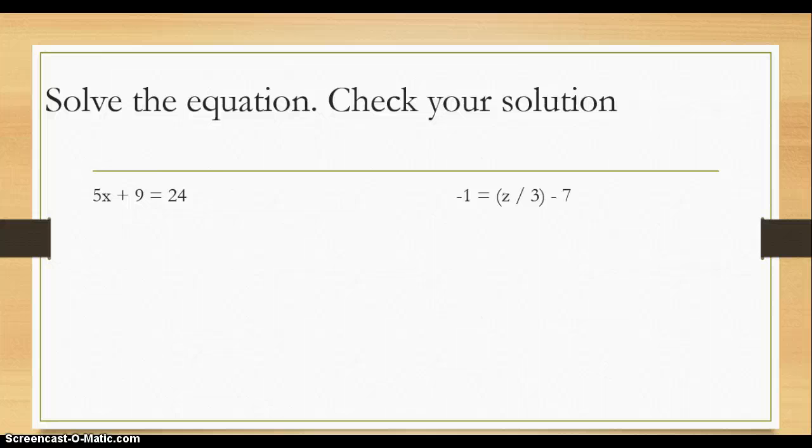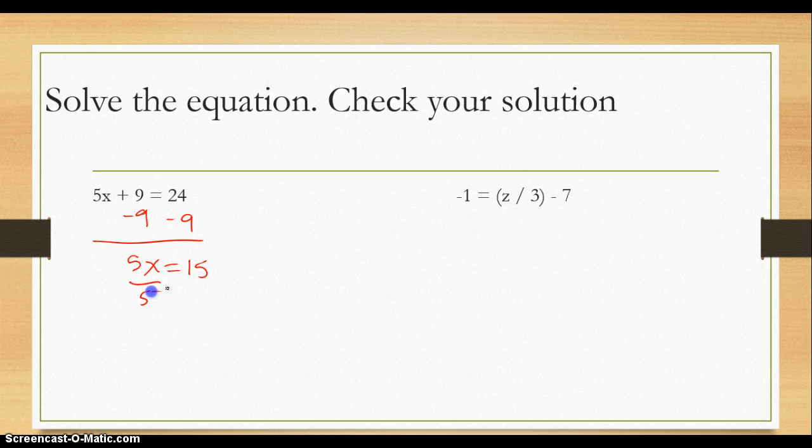So let's look at two problems here. We have 5x plus 9 equals 24. Let's solve that one first. It says 5 times x plus 9 equals 24. So we're going to reverse the order of operations, because first we would always multiply the 5 by whatever x equaled. But now we're going to subtract the 9. So we get 5x equals 15.